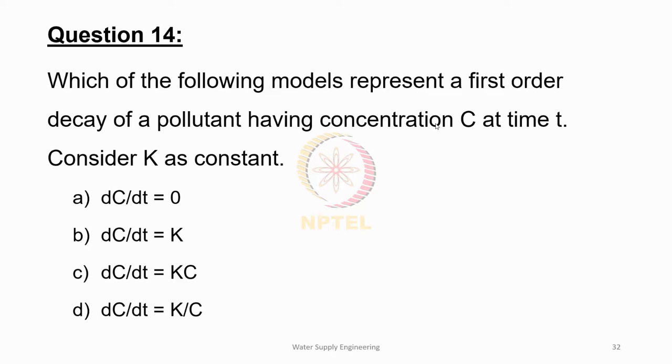Option B, dC by dt is equal to K. Option C, dC by dt is equal to KC. Option D, dC by dt is equal to K by C. So, C is the concentration at time t, K is a constant. Which of the equations represents first order decay of a pollutant?